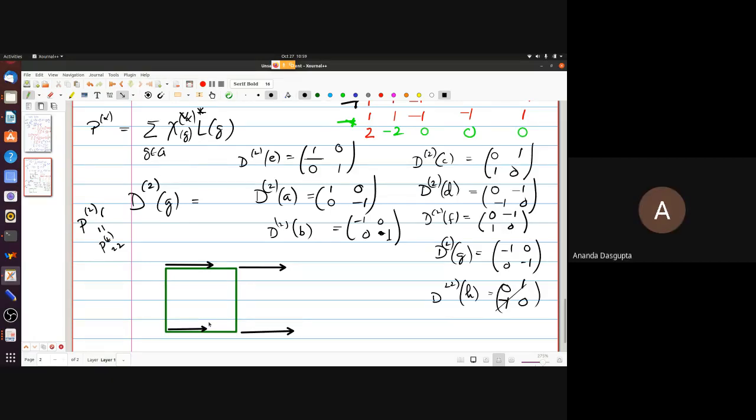The other basis vector for this particular irrep, what should that be? You should get that very easily, right? All you have to do is just apply one of the group operations on this. Remember, you have an invariance. Is this vector invariant under the group operations?